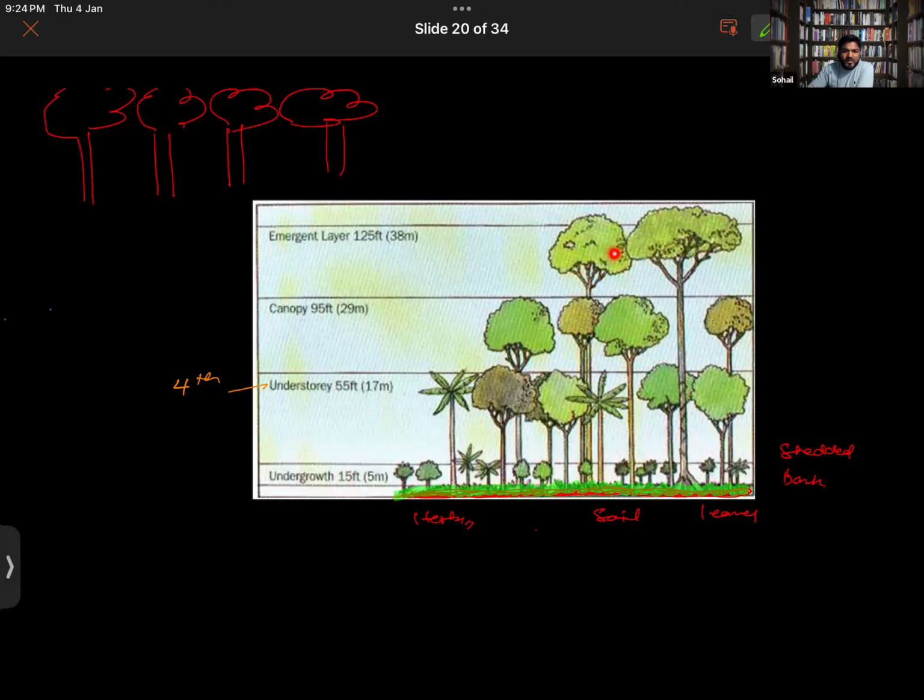They will not be great in number, while the majority of the forest will consist of the canopy layer. This is the canopy, and then you will have some trees above the canopy. There will be few of them, not the majority. Getting at what I'm trying to say.